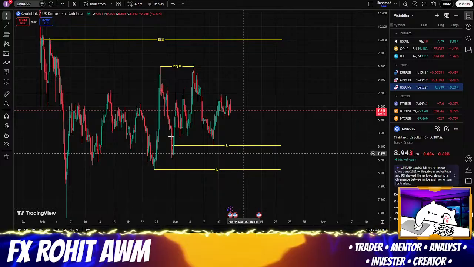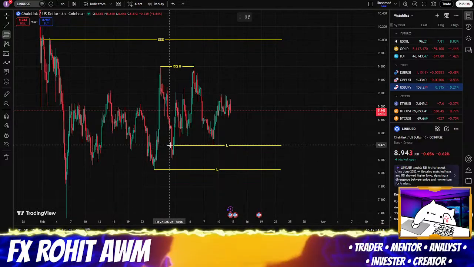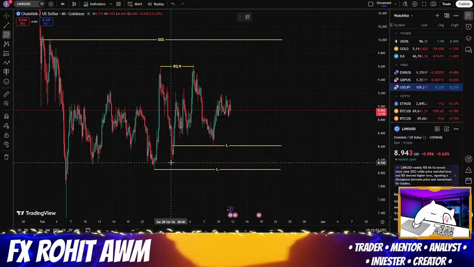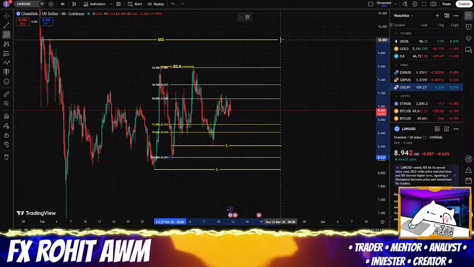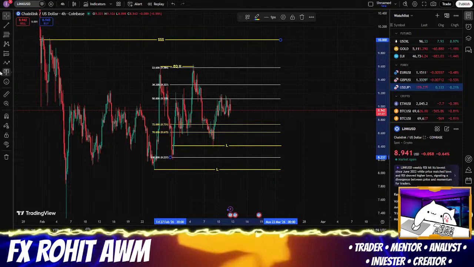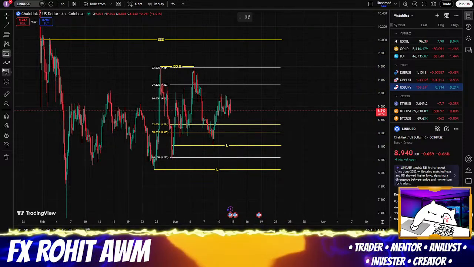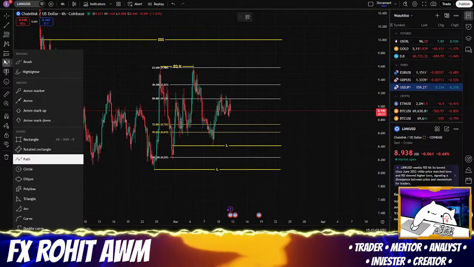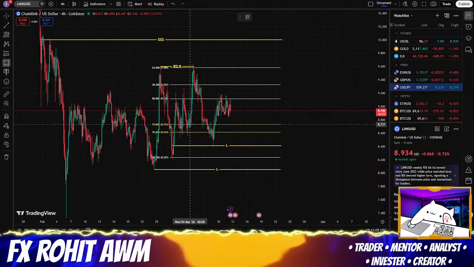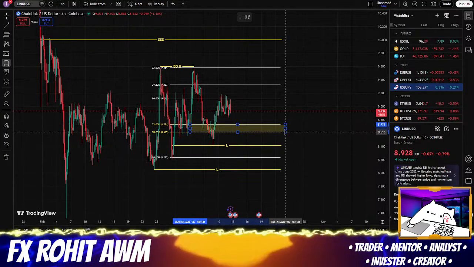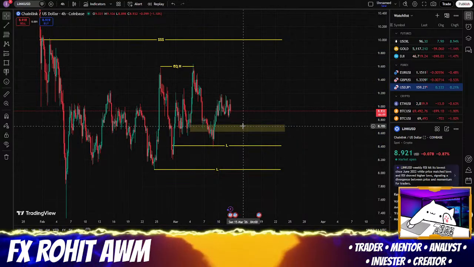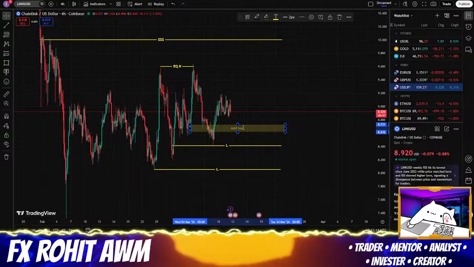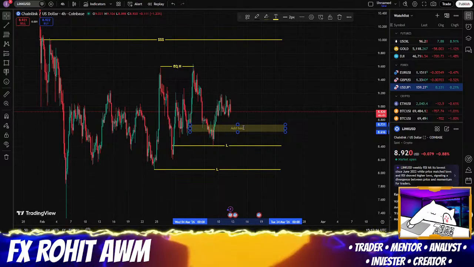Okay, so we just apply the Fibonacci from this to this. Okay, so we get a golden zone that, so we remove that, so we just put that the buy zone.